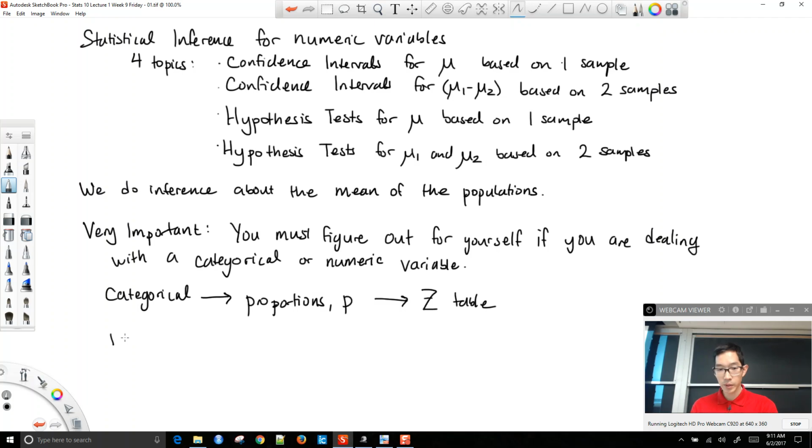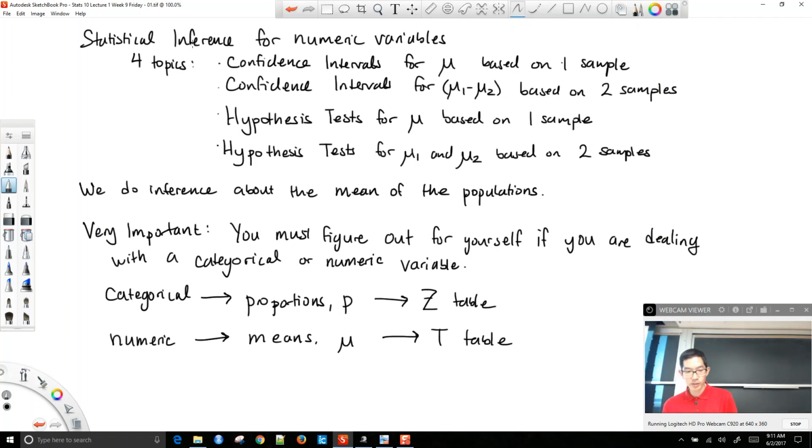When you are dealing with numeric variables, you will be dealing with means, mu, and you will always use the t-table. I passed out t-tables on Wednesday, and we'll take a look at the t-table today, showing you how to use all of that.